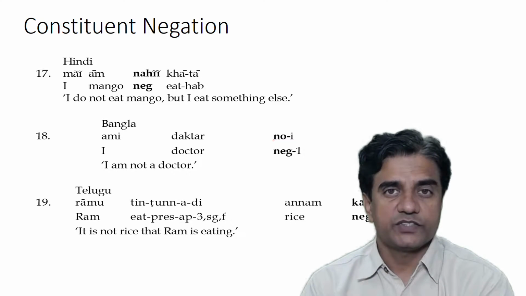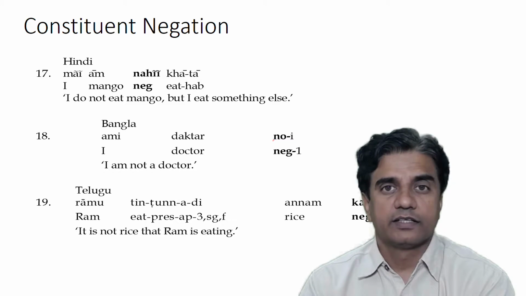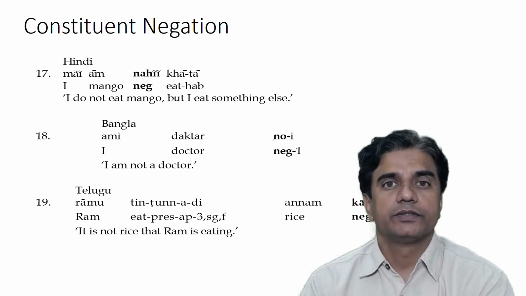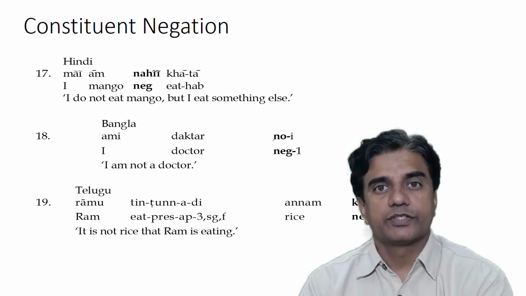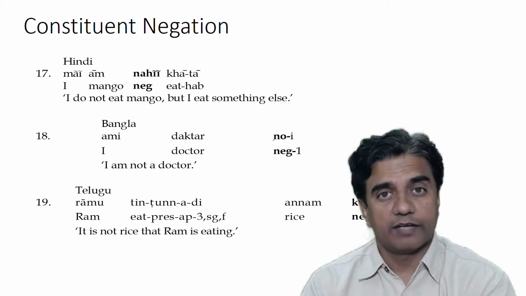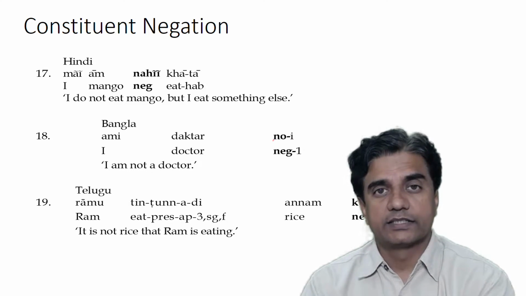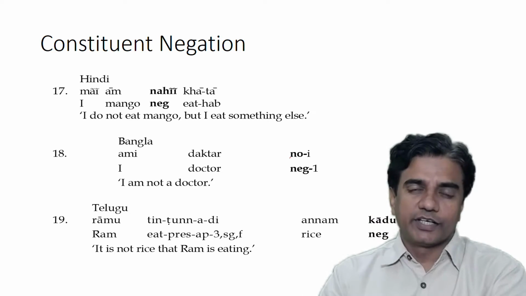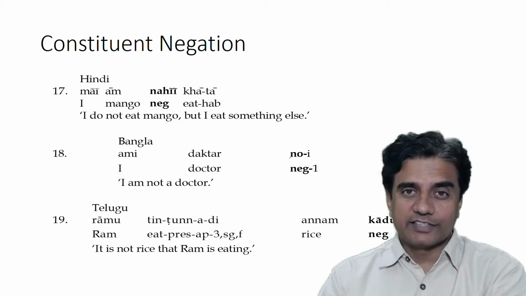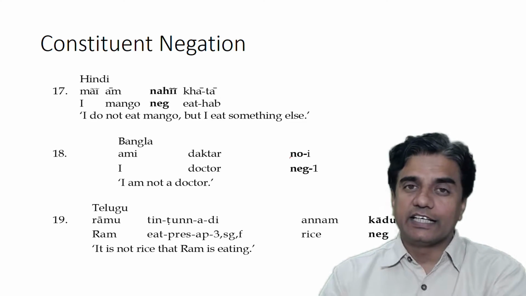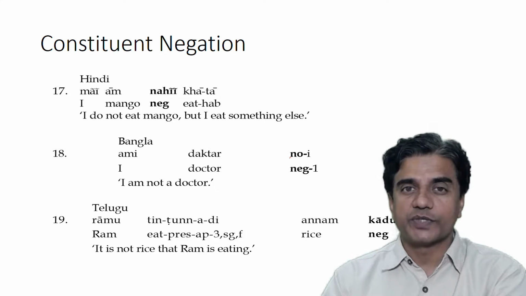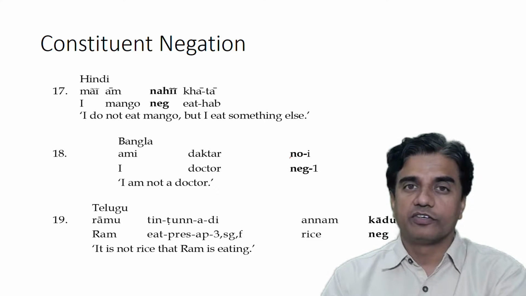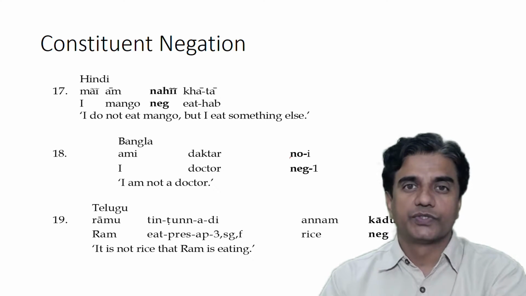What we have seen so far is that the occurrence of the negative element to the left of the verb is an indicator of sentential negation, whereas constituent negation, as the name suggests, negates only the particular constituent that the negation follows.